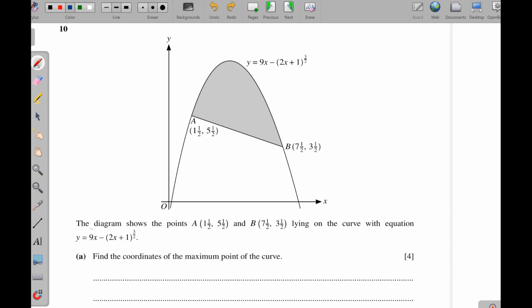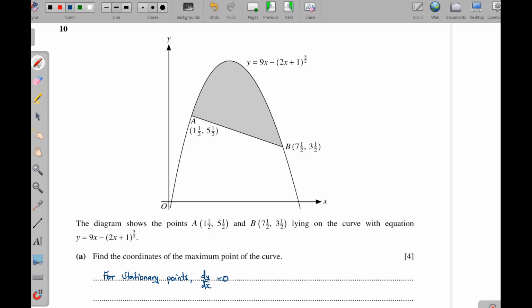So that's why we always say that for stationary points, then dy dx is equal to what? 0. Now, let us differentiate.